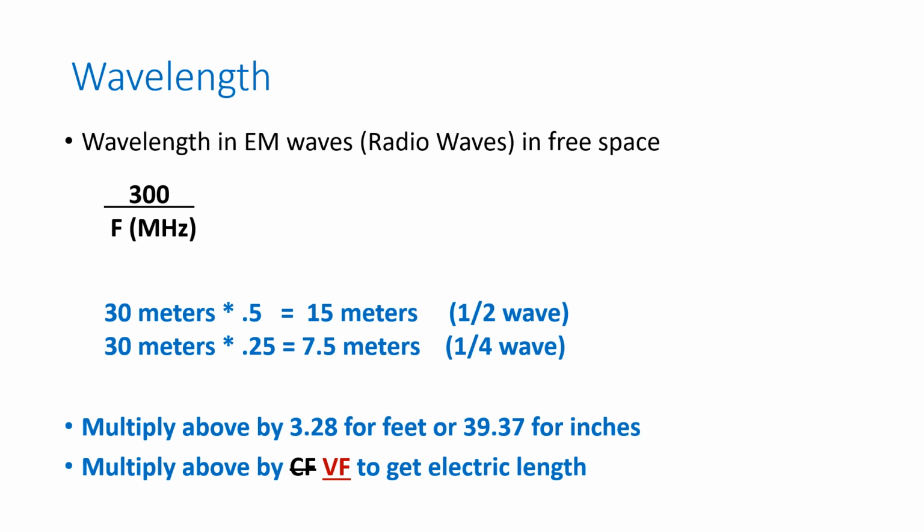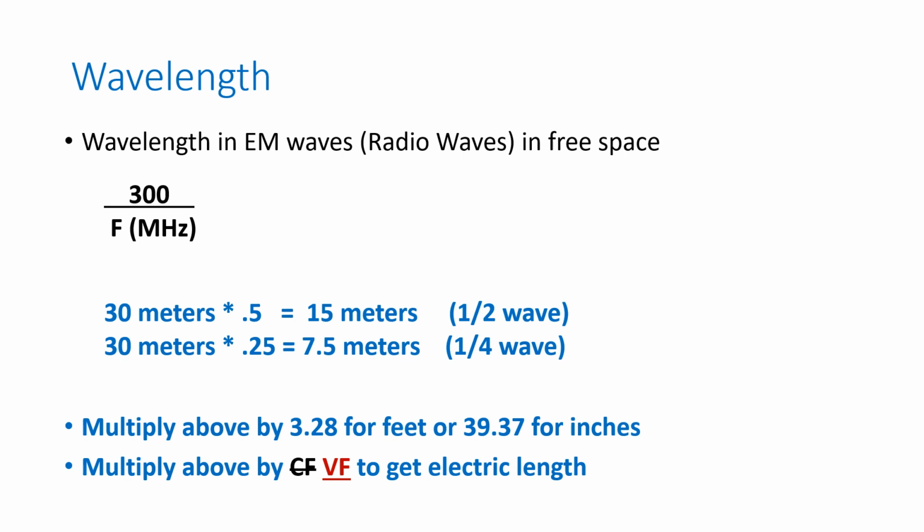One more thing. I didn't mention this before, but you can calculate the wavelength in a piece of coax. So you do all the same math. But with coax, it's much easier, because there's only one thing affecting you, and that is the velocity factor of the cable.